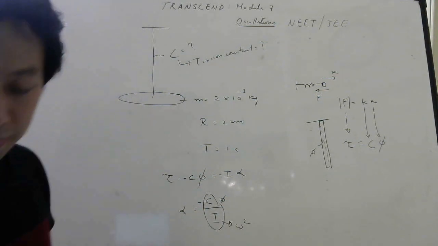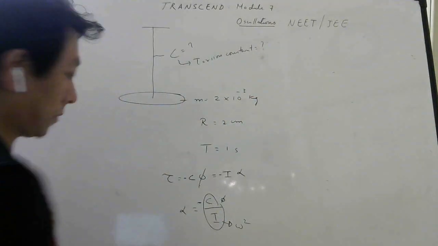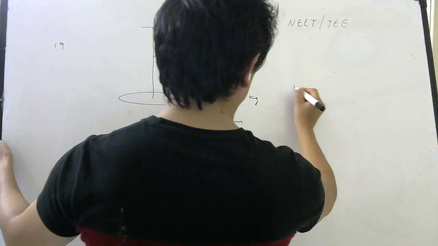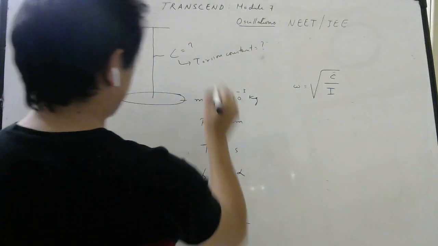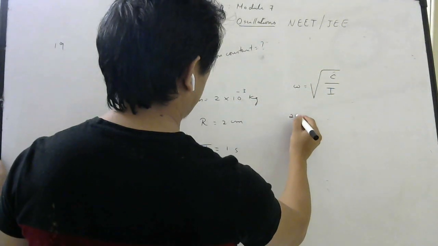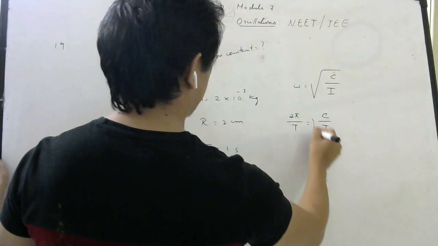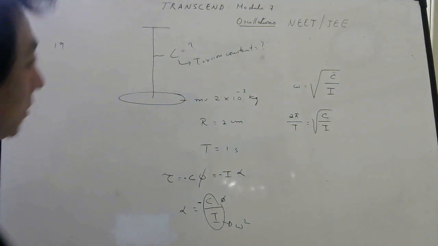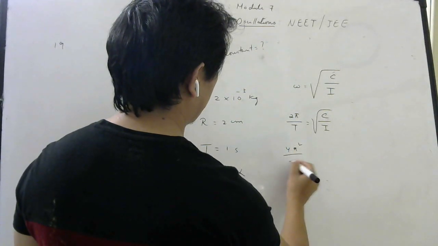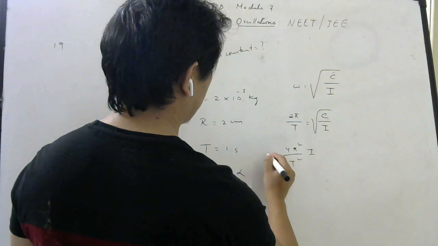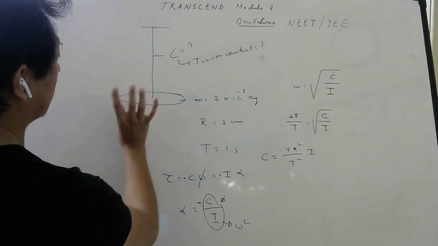Okay, so omega for this disk will be root over C by I. The time period is mentioned, so omega will be 2 pi by T, equal to root of C by I. You are supposed to find the torsion constant, so squaring both sides, it becomes 4 pi square by T square into I equals C. And this disc will rotate this way, right?